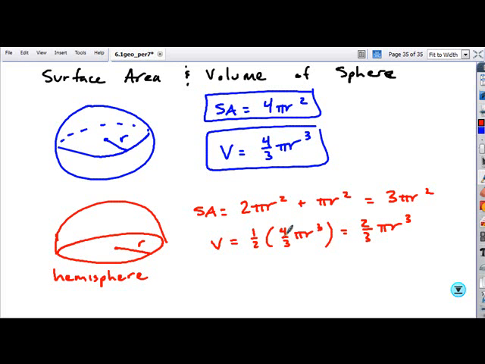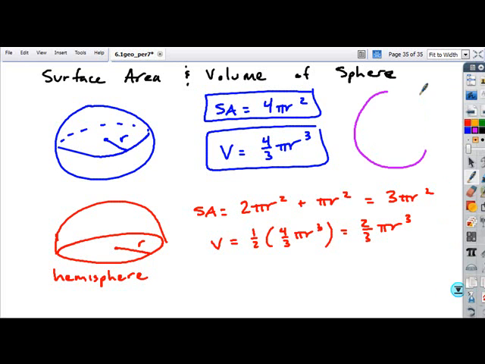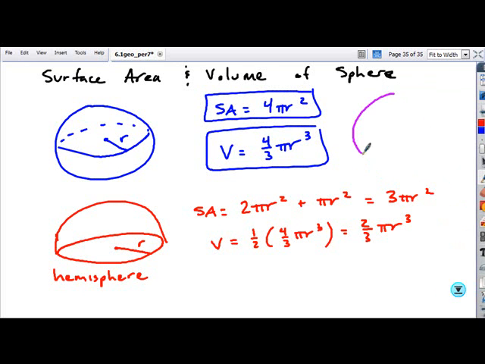All right, the last type of problem that you might see that's similar to this is a sphere with a slice taken out of it. Okay, now if you can't draw this, that's okay. You can give it your best shot.